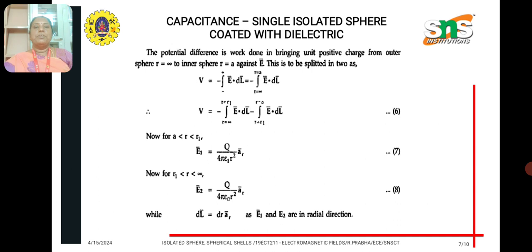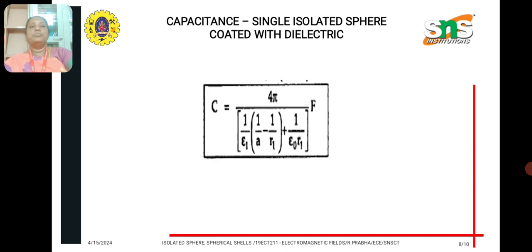For the first case, E can be obtained as Q by 4 pi epsilon naught R squared aR, and for the second case it is Q by 4 pi epsilon 1 R squared aR. Here dl is the radial vector, so it is dr aR vector.